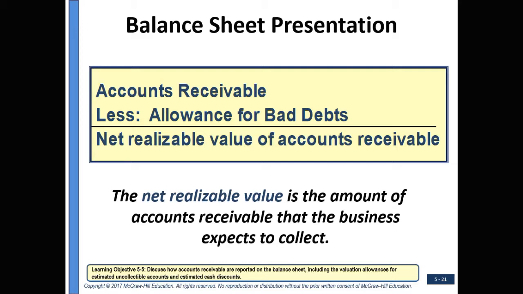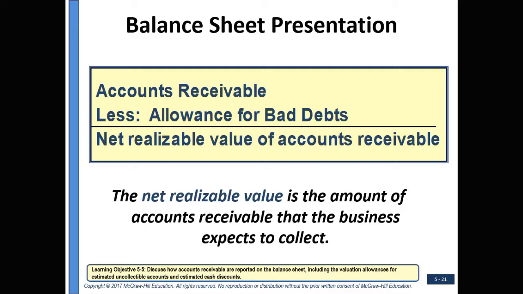When we represent our accounts receivable, which is a current asset on the balance sheet, we represent it at what's called the net realizable value. That is, what is the amount that is owed to you by others, less how much we realistically expect we're not going to collect.